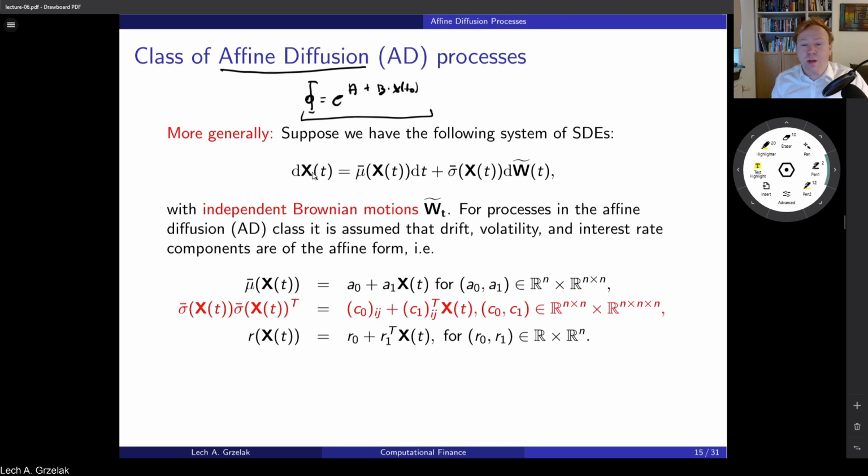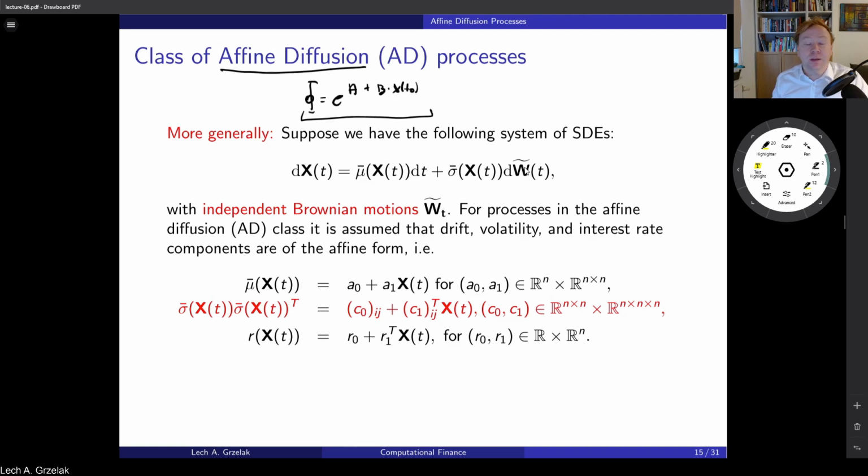So we consider a system of stochastic differential equations. So it's not only one SDE, but it could also be a whole system of SDEs. So we have x, we have a drift term, which will depend on x dt, and we have a sigma term. Actually, this could be a matrix, because here we have Brownian motions which are independent.